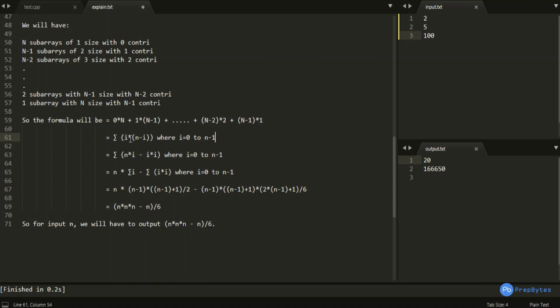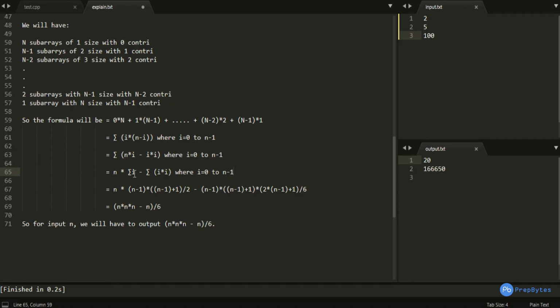So let us break these brackets, and it would be nothing but the summation of n into i minus i into i, where i is equal to 0 to n minus 1. So this quantity can be written as n into the summation of i, and this quantity can be written as the summation of i into i, where i is from 0 till n minus 1, right?